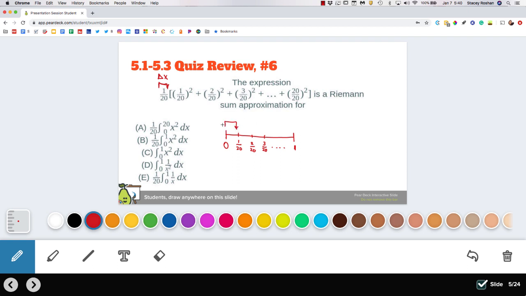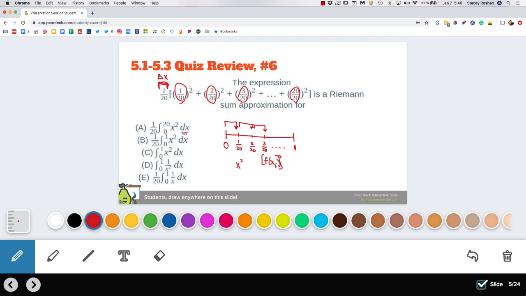Okay, we're going to use width times the height, 1/20th. Width times the height, 2/20ths. Width times the height, 3/20ths. Okay, now what are we doing at each of those? At each of those, we are squaring it. So our function is going to be something squared. Okay, we were doing f of x sub i, the ith one, squared. Now, this 1/20th was just our delta x.